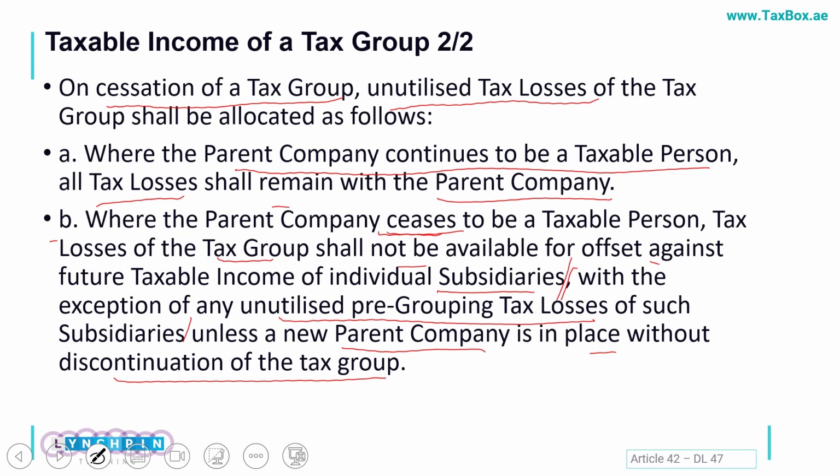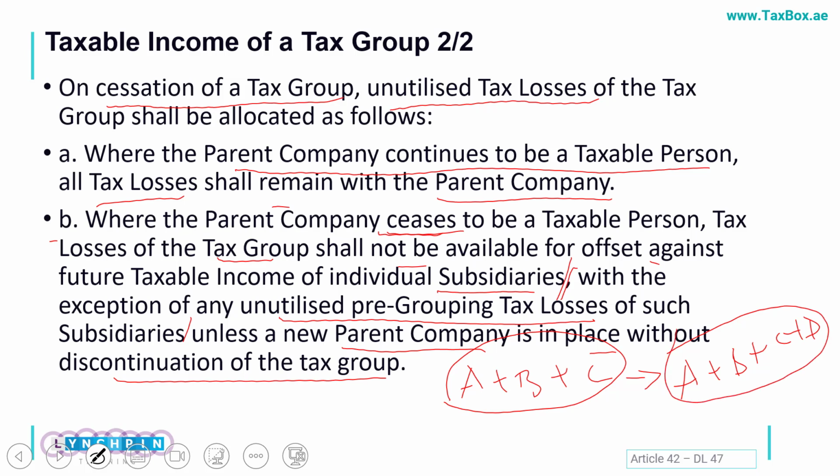So in this case, for example, I was having a group A plus B plus C, and we form a new company added here, and we are now A plus B plus C plus D, and afterwards A, which was the parent company, ceases to exist and D becomes the parent company.